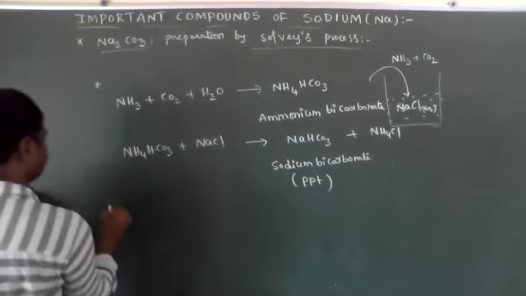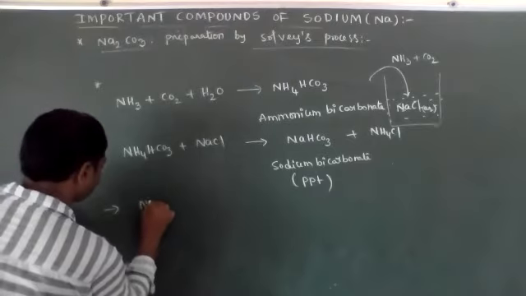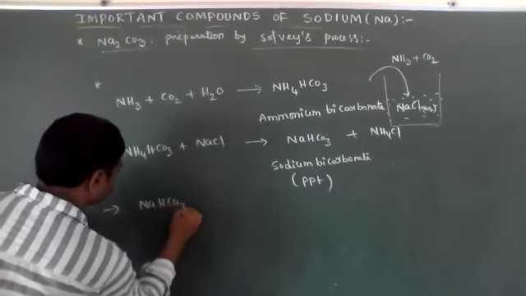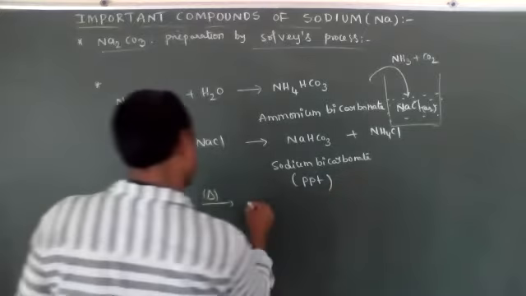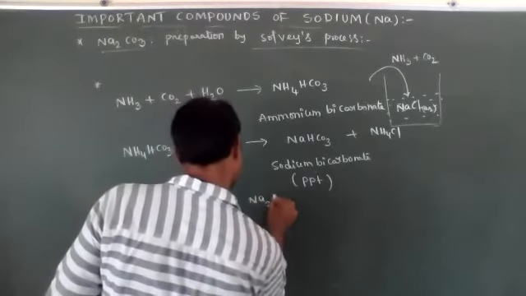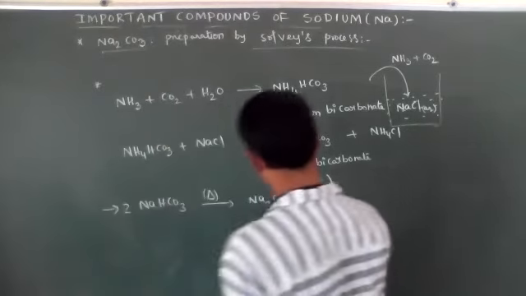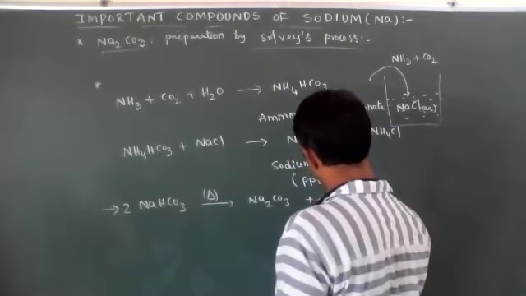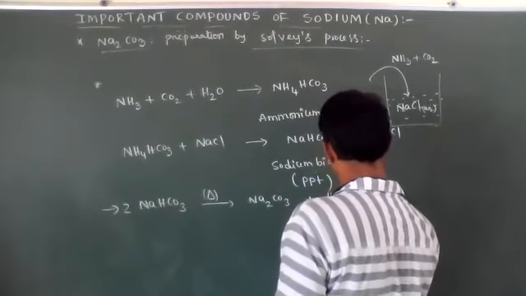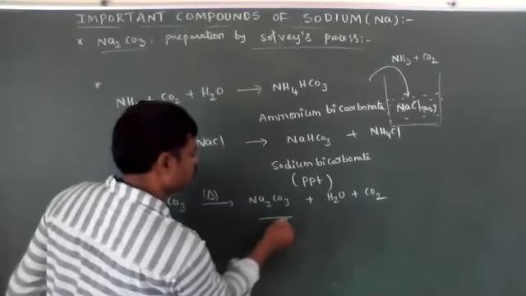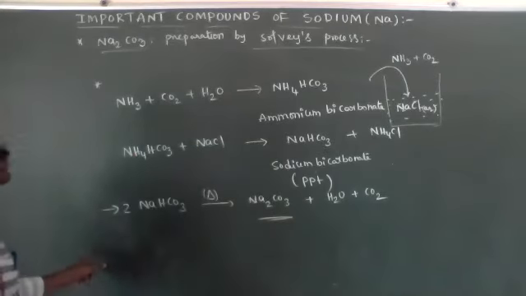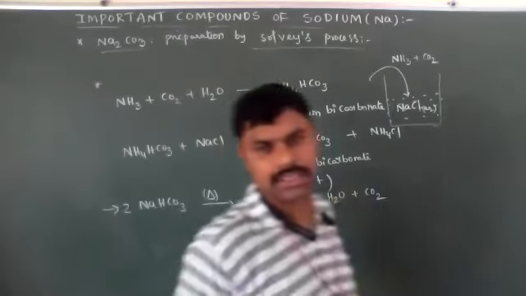Next, step 2: this NaHCO3 on heating gives Na2CO3, sodium carbonate, and H2O and CO2. Okay, students, finally sodium carbonate is formed. This process is known as the Solvay process.